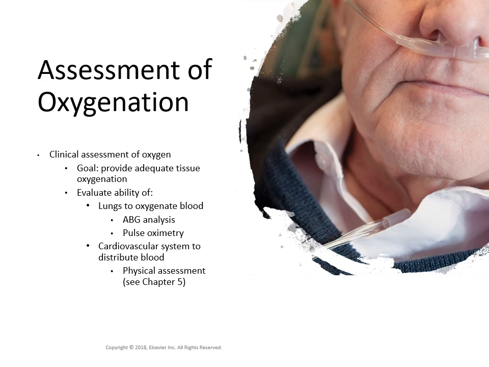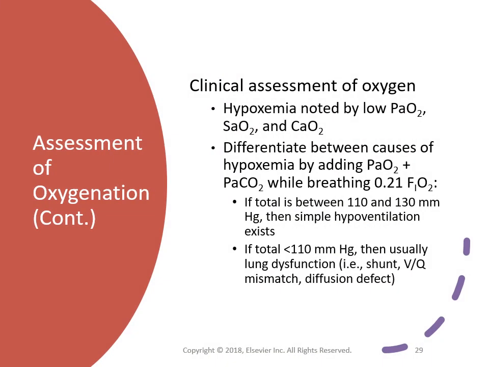Clinical assessment of oxygen. The goal is to provide adequate tissue oxygenation, evaluate the ability of the lungs to oxygenate blood through ABG analysis and pulse oximetry, and the heart's ability to distribute blood through physical assessment. Hypoxemia is noted by low blood PaO2, low SaO2, and inadequate CaO2.